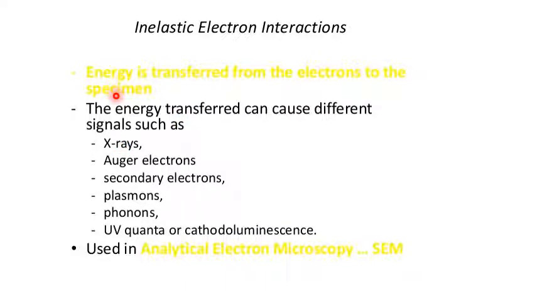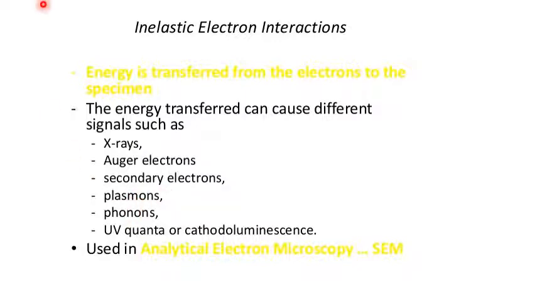X-rays can be produced from the specimen when the electrons strike the specimen and inelastic electron interaction takes place. Auger electrons can be produced. These are the electrons ejected from the inner shell. Secondary electrons can be produced. These are also electrons of the specimen, which are removed from the outermost shell.